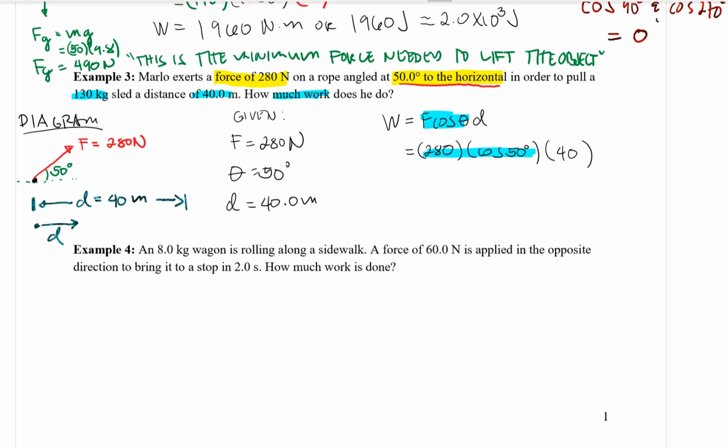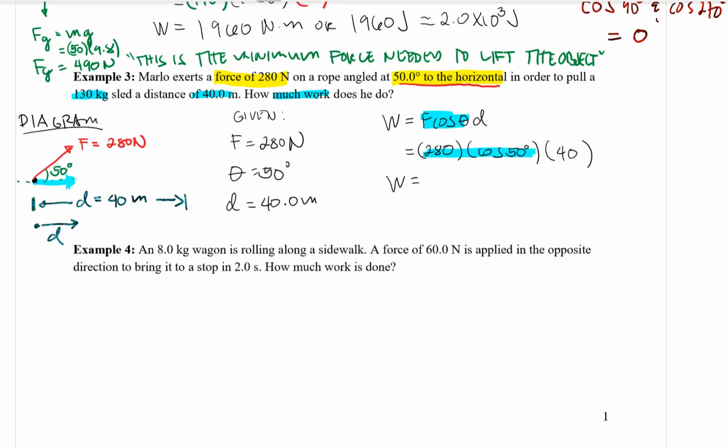That is that particular force here, in the same direction as, or parallel with, the displacement. The displacement is to the right, so we take just the force parallel to that. If we do the computation, that would be 280 multiplied by cosine of 50 degrees times 40.